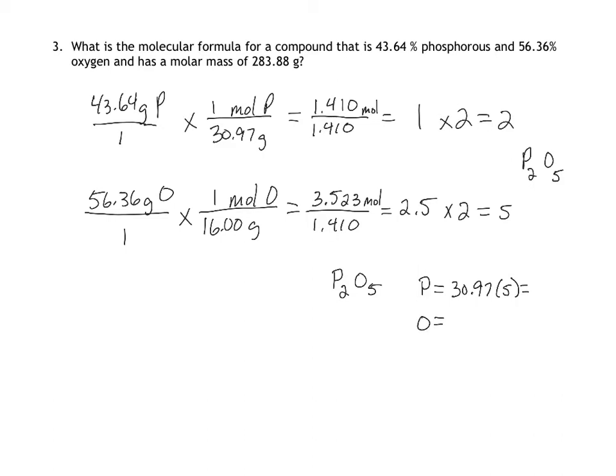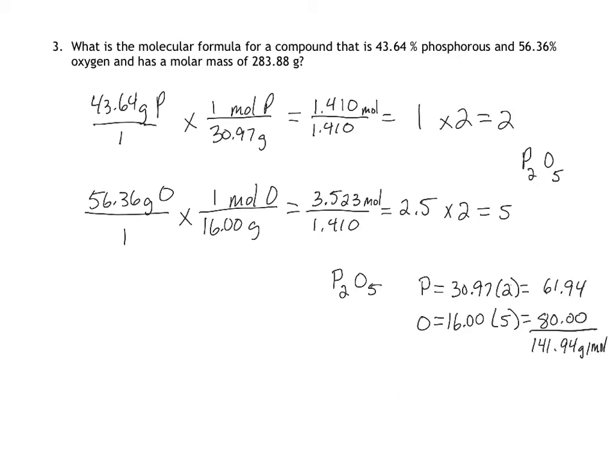Oxygen, oops, I'm sorry, I made a mistake there. That's not 5, that's 2. We have 2 of the phosphorus, so it's going to be multiplied by 2. Oxygen is 16.00, and we have 5 of those. And now we'll calculate these and see what the weight of each of these are.